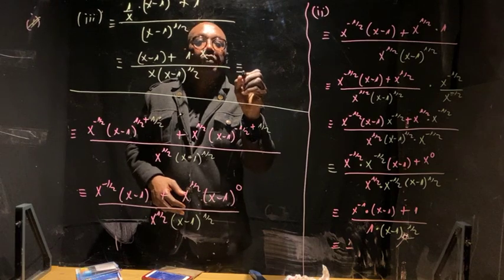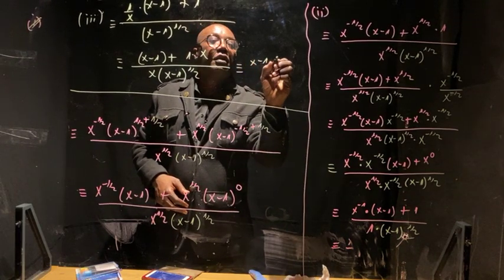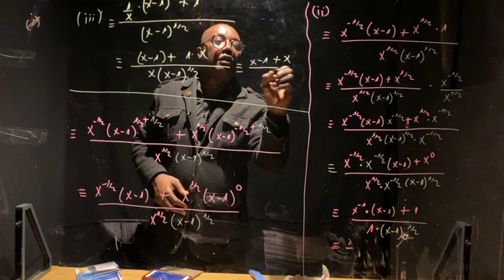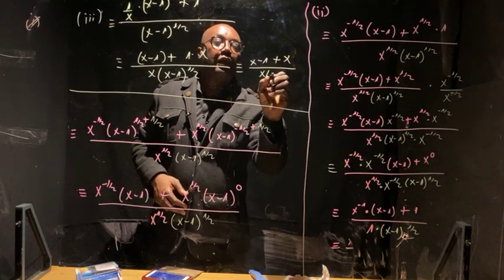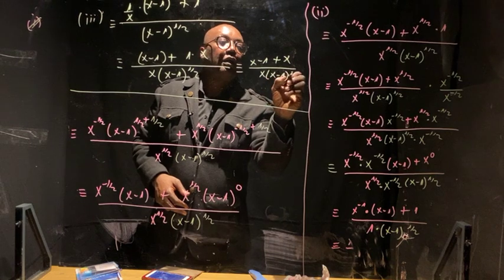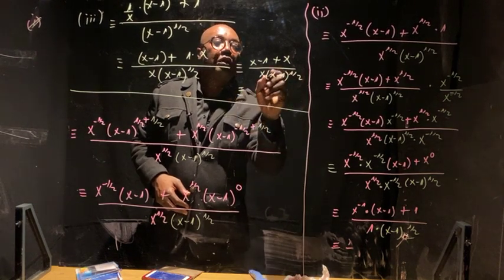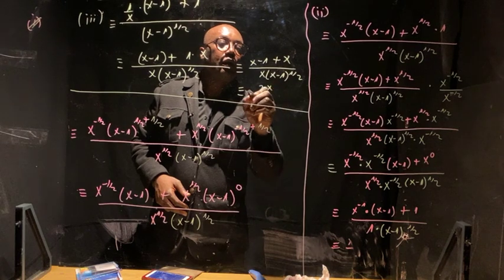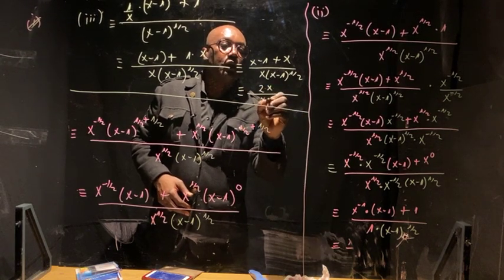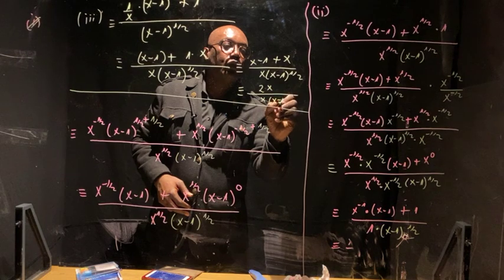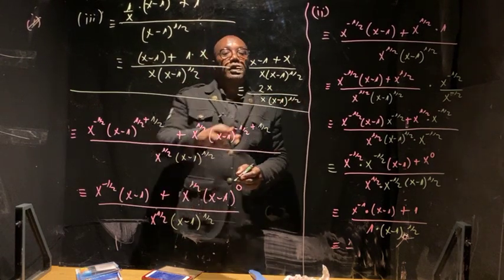So it becomes x minus 1 plus x over x minus 1 half is equals to 2x over x minus 1 half. That should be the final answer.